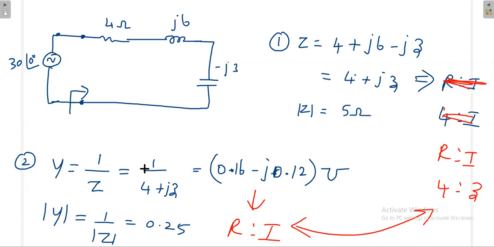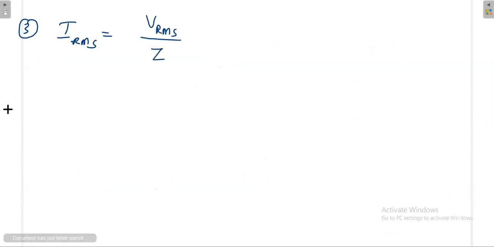Then next, what is IRMS? What is the RMS value of the current? IRMS is equal to VRMS divided by Z. Now I am finding IRMS, or otherwise I can also find I, no problem.